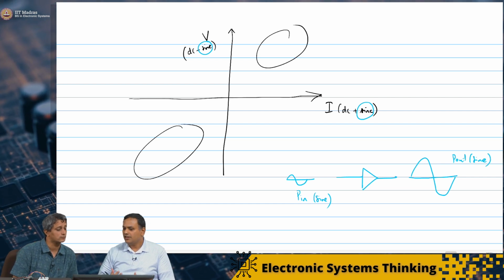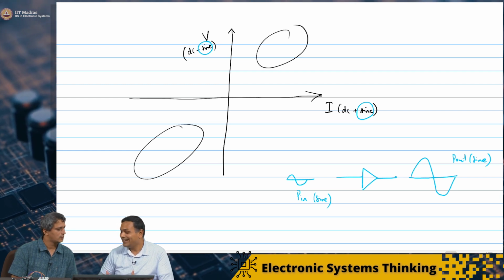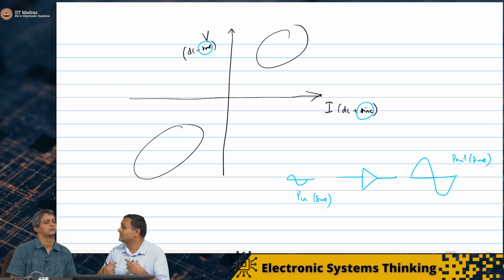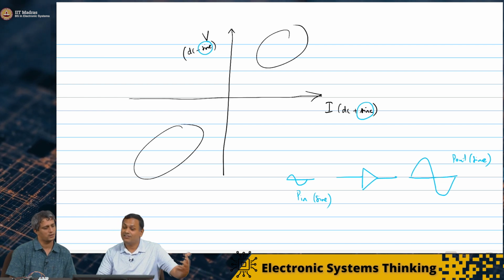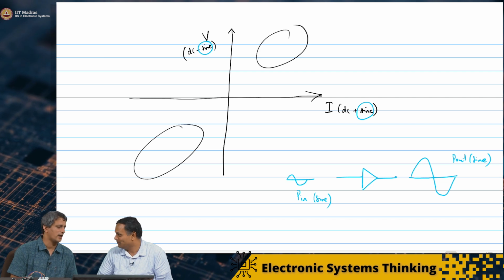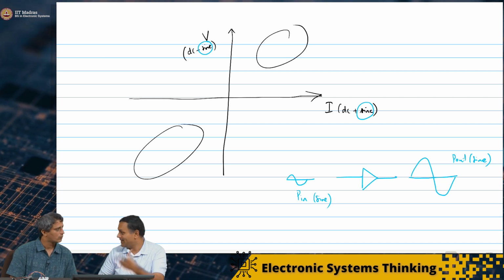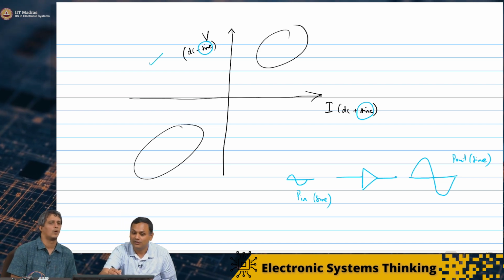You can actually say that purely for the sinusoid, indeed the amplifier is producing sinusoidal power by converting from DC power to sinusoidal power, exactly as you were saying a few minutes ago. In that situation, amplifiers can be imagined to be operating in the second or fourth quadrant.